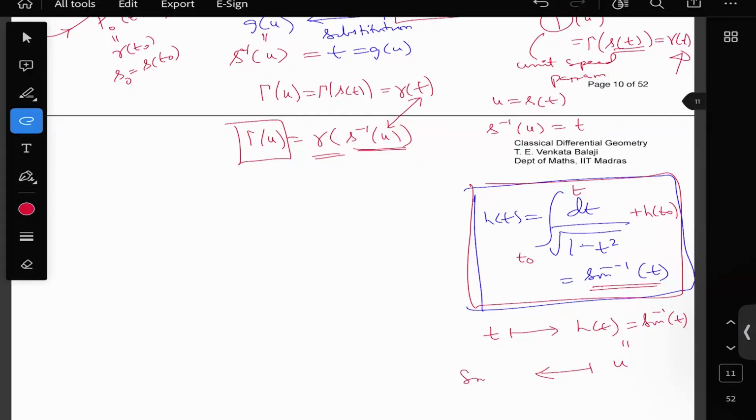U has to go to just sine of t, okay. So the moral of the story is that u is sine inverse of t, so sine u is t. So let me write it correctly.